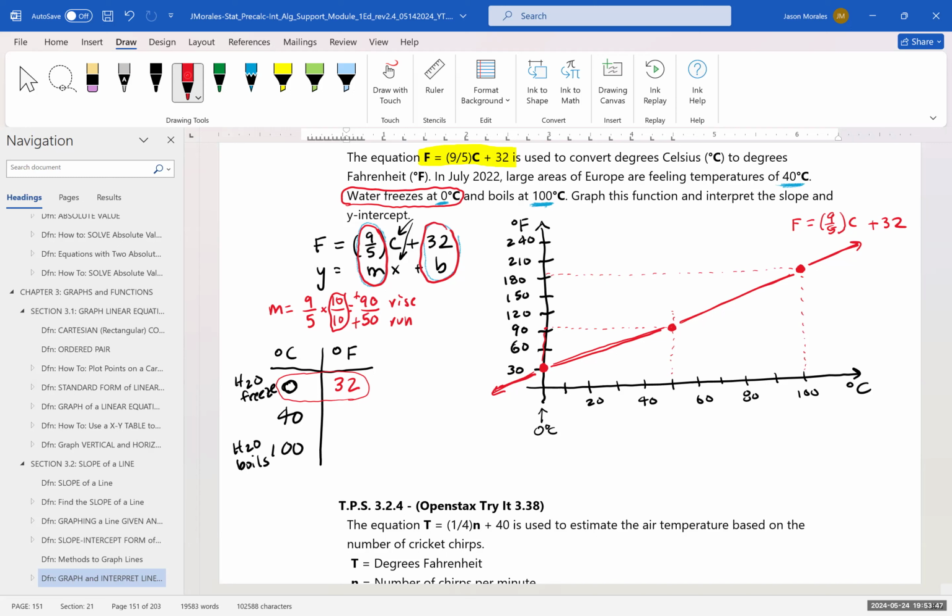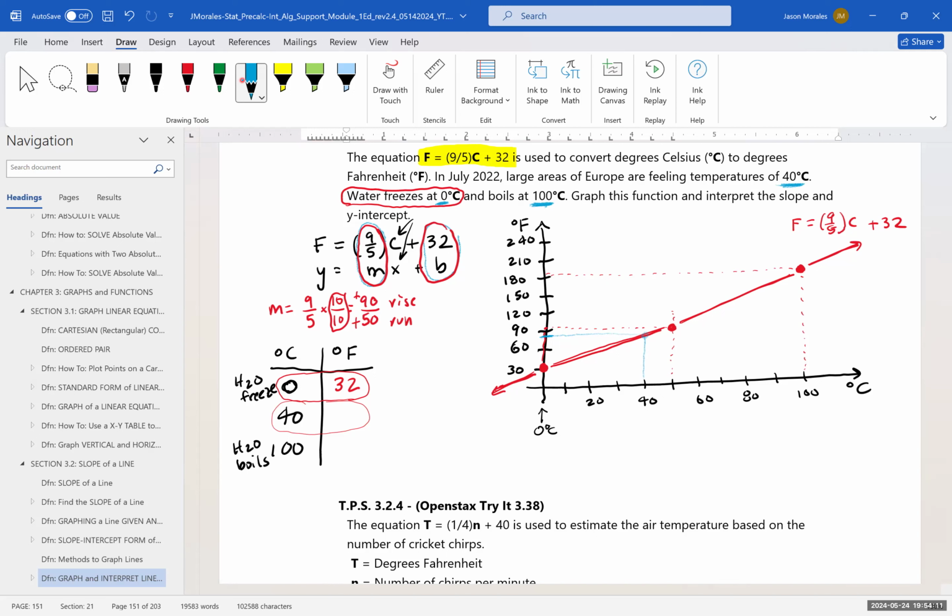Now, if we look at 40 degrees, if we go up from 40 until we hit the line and then move over, we should get some number that's less than 90. It looks like it's hitting the y-axis at less than 90.